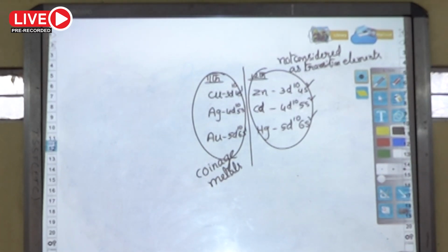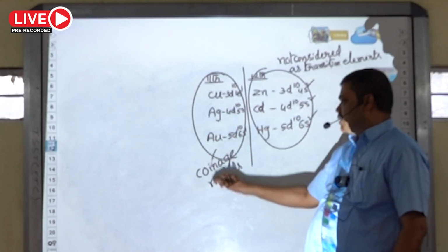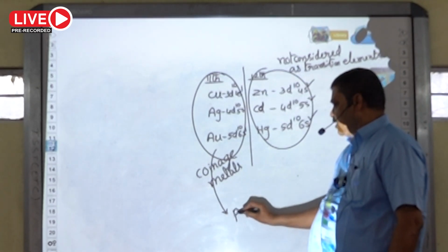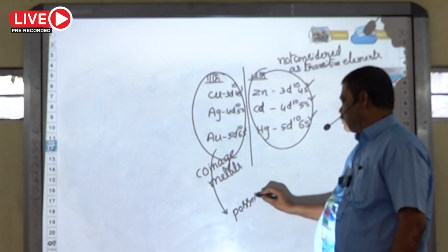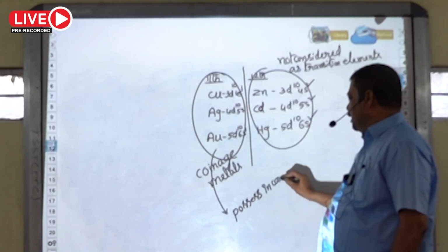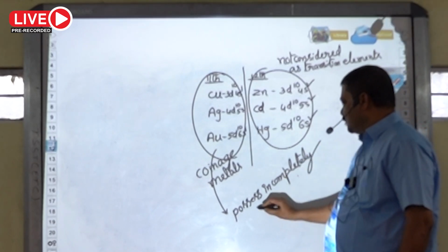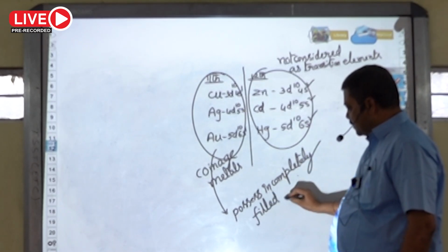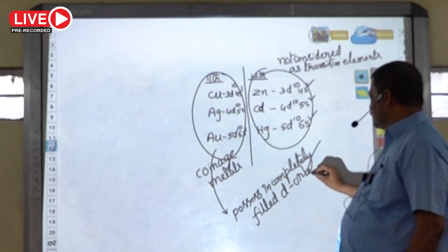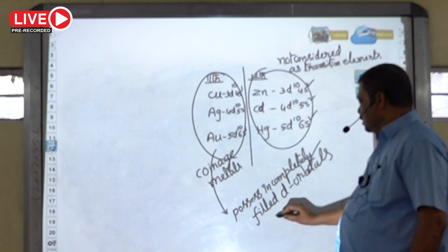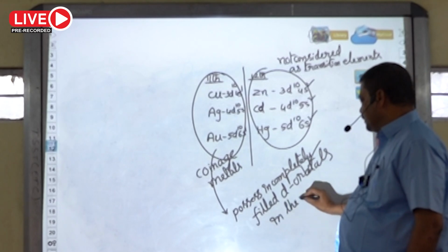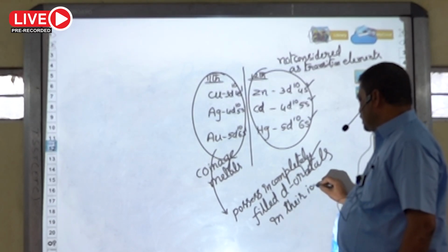We should not treat them as transition elements, but in their stable oxidation states, they possess incompletely filled d orbitals, in their oxidation states or in their ions.